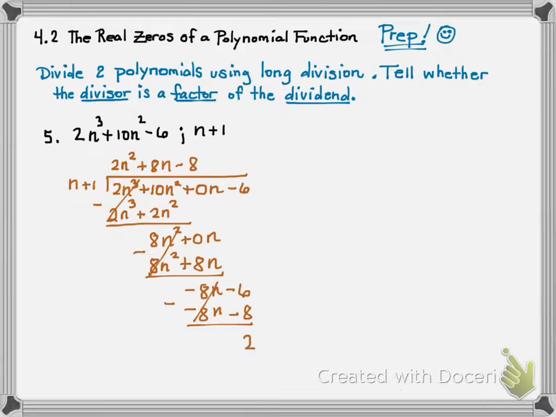All right, be careful. And that's actually our remainder. All right, so we don't get a remainder of 0, which means n plus 1 is not a factor. All right, so back up the top.